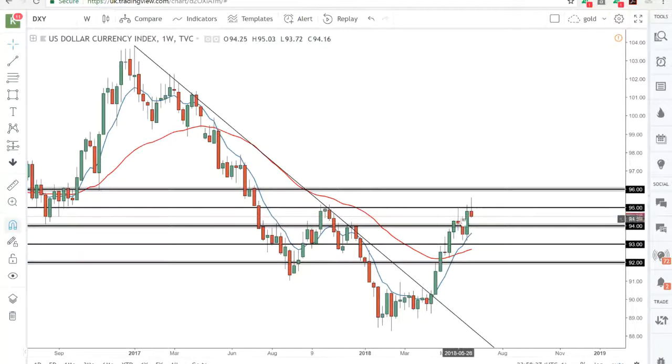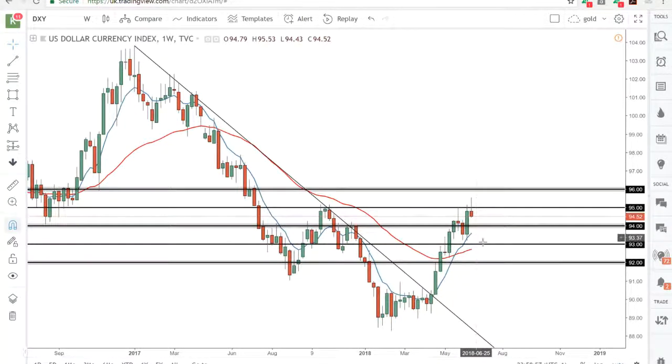So we found a double top formation here, and this week is now just closed as a shooting star. Next week we'll confirm that this is a reversal. Obviously we did have the moving averages crossover over here.